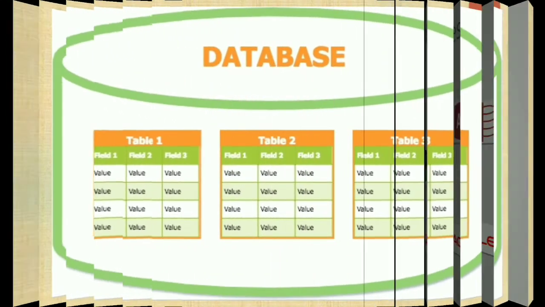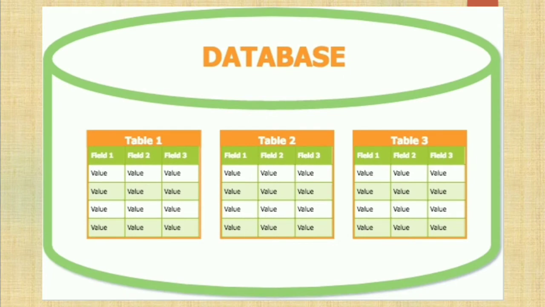All these databases are well organized collections of data, in the format of tables. Look at this picture. One single database can hold many tables, multiple tables. All these tables will have related data.